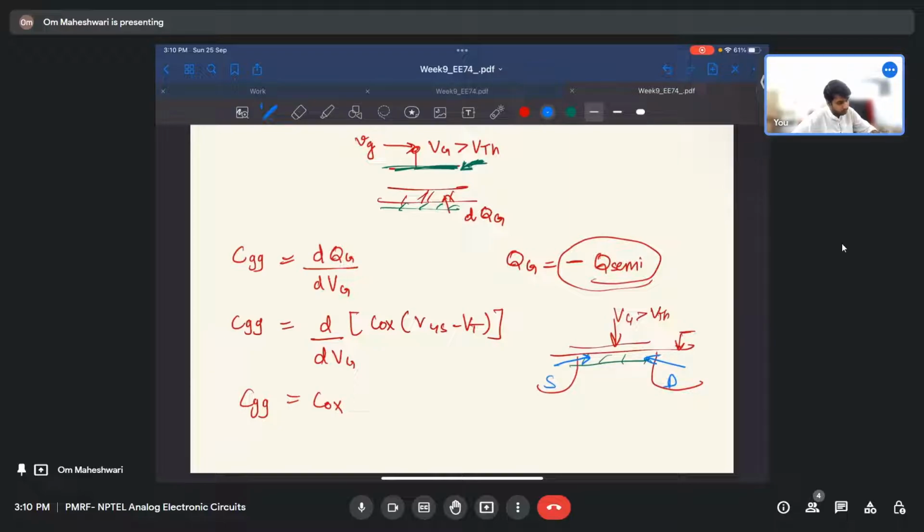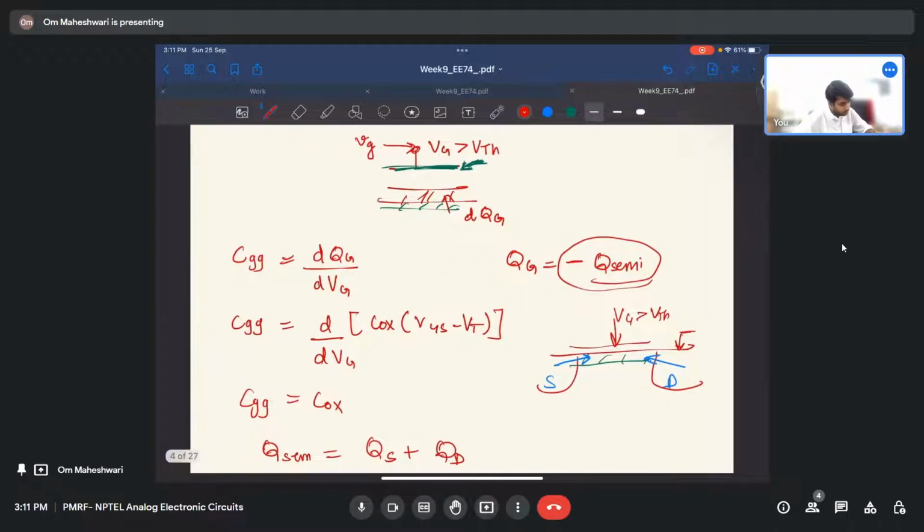So Q semiconductor equals Q source plus Q drain, right?